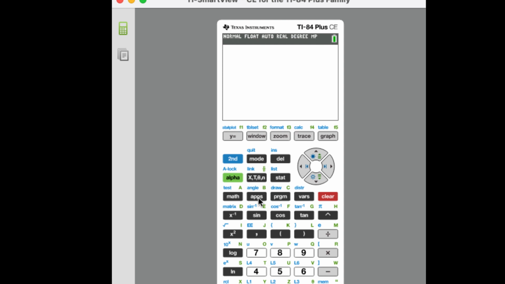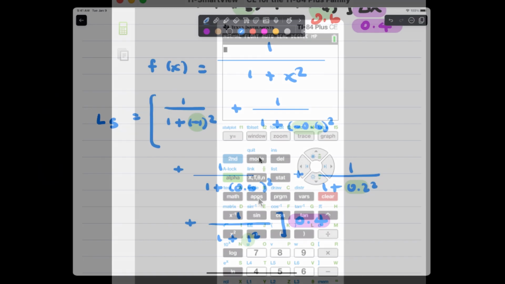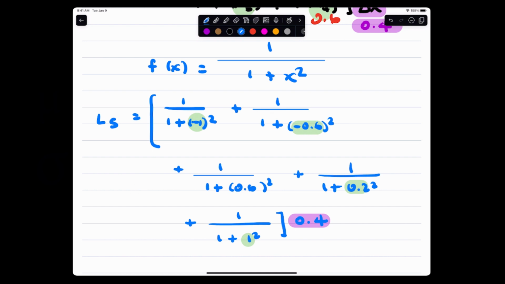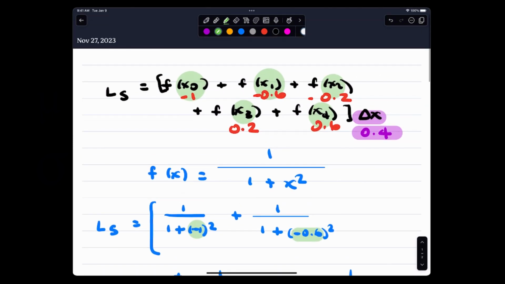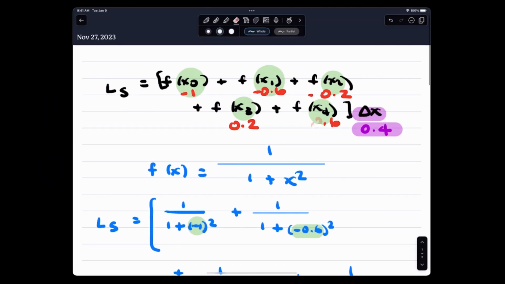Yeah, I think there should be 0.6, right? Yeah, let me double check here. This would be 0.6. I was looking back at that, and I'm like, wait a minute. And make sure this is going to be what? Here. There we go. So looking back at this, you go, okay, what is going on here?